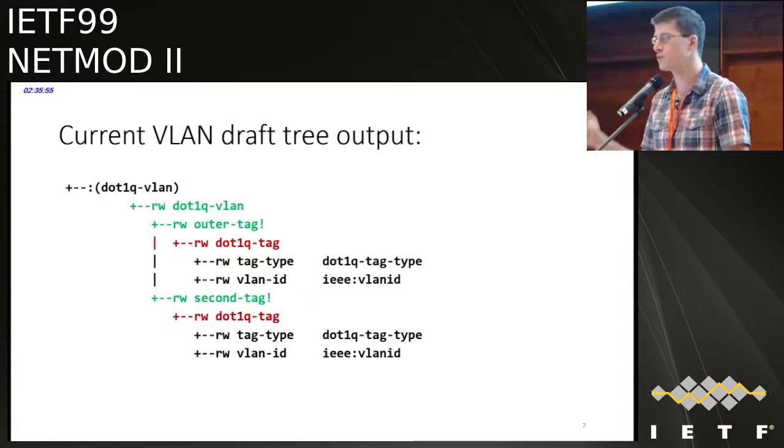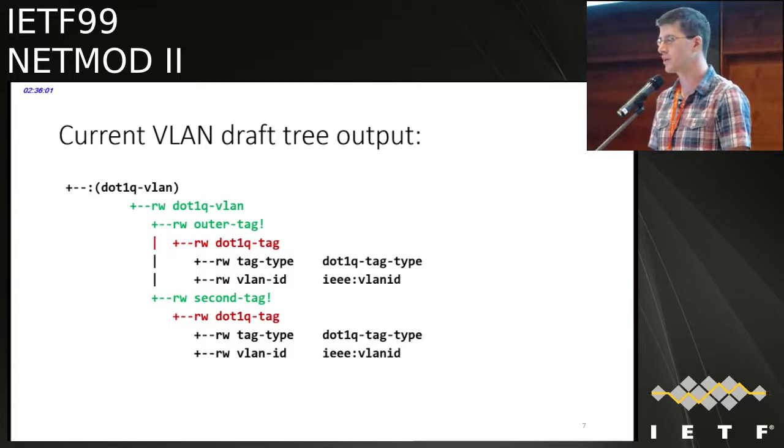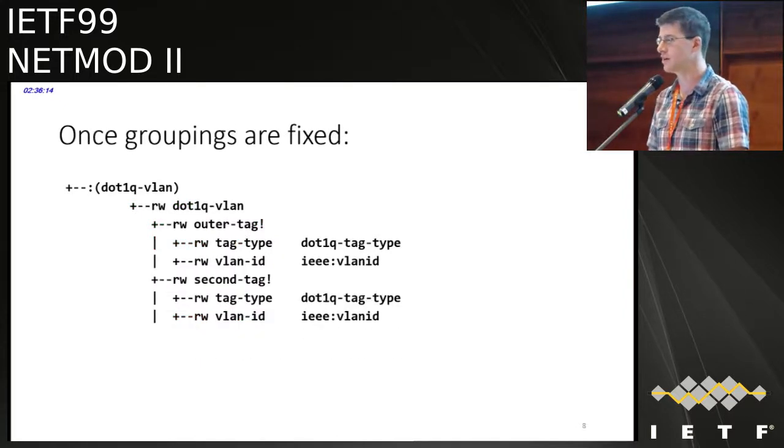And you could extend this in future with further tags down the stack if you had to, although I don't actually expect that that's likely to be required. The one quirk here that's still remaining is that extra .1Q tag container. I would like to get rid of those, and that's the thing that updating the groupings in IEEE would solve, and I'm liaising with them to do that. So once that's been fixed, the Yang should look like this and be a bit simpler to use, is the plan.